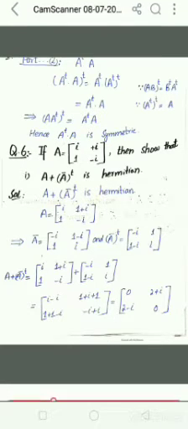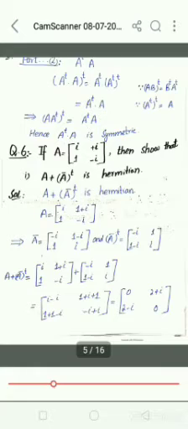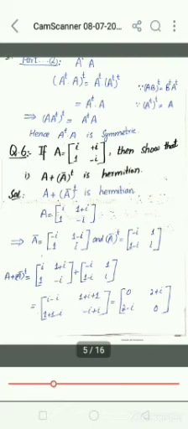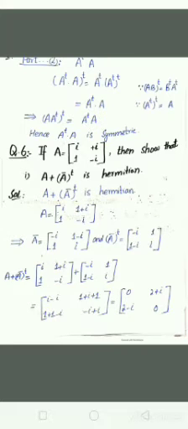So we first find the A plus A conjugate transpose matrix. For this we write A, which is given: iota, 1 plus iota, 1 and minus iota. We apply conjugate on this matrix. The application of conjugate is that where there are imaginary or complex numbers, we change the sign of the imaginary part of that complex number, and the conjugate of a real number, in which there is no iota, is the same as the previous real number.